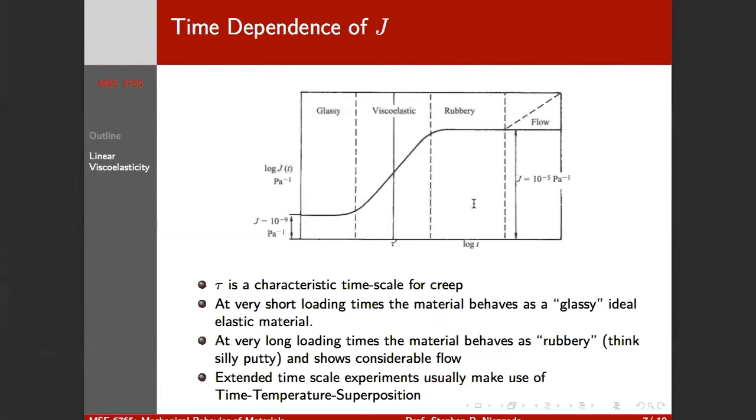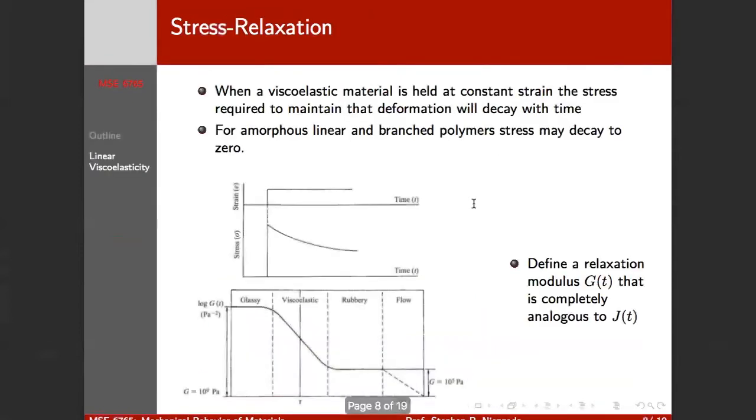But we know the shape of the curve in this region. Then we heat the material up, and we get a shift. At that point, we can measure the whole curve. We can overlap the regions where our compliances match up to extend our range, and we'll talk about that more in the next lecture.